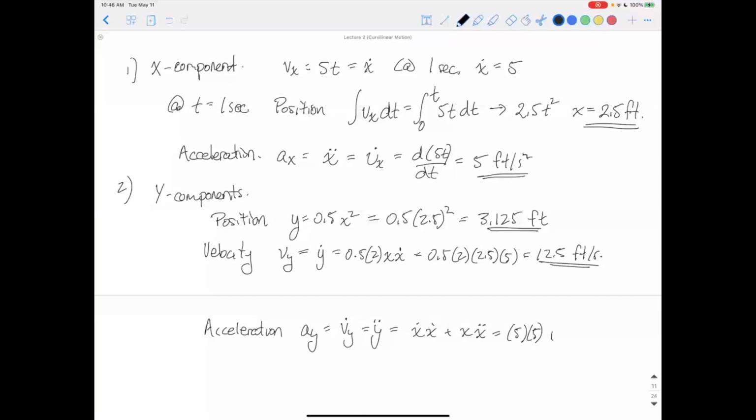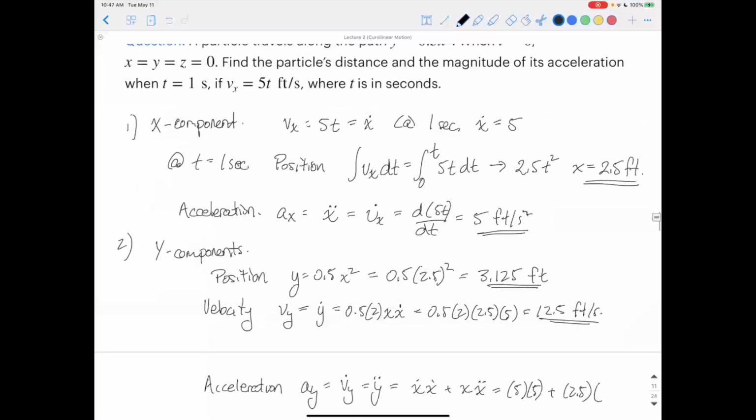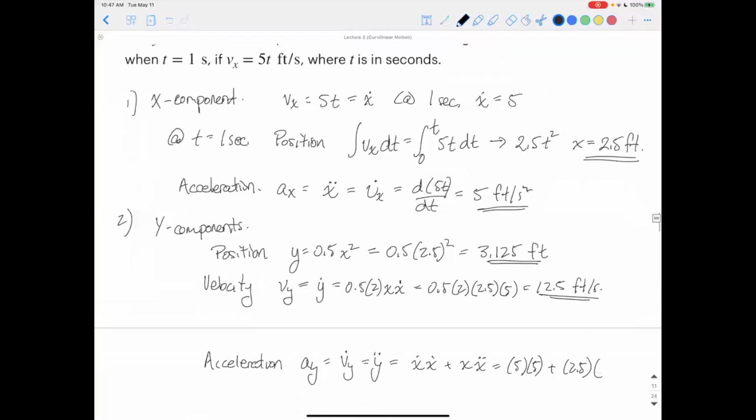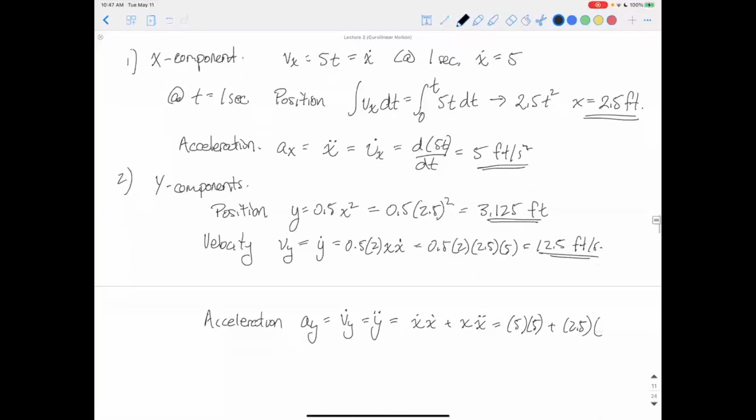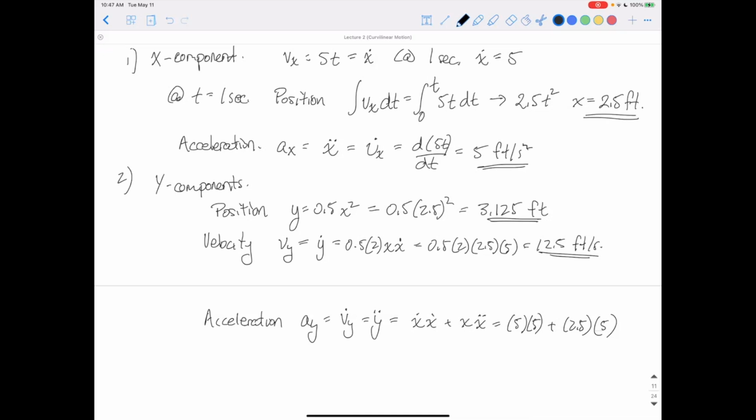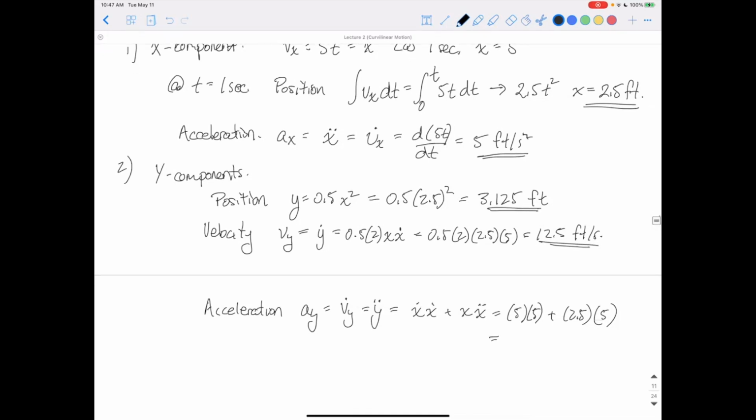So 5 times 5 plus 2.5 times our x component of acceleration, ax, which is 5 feet per second squared, so that's also 5. And then if we do this, we should get 37.5 feet per second squared.